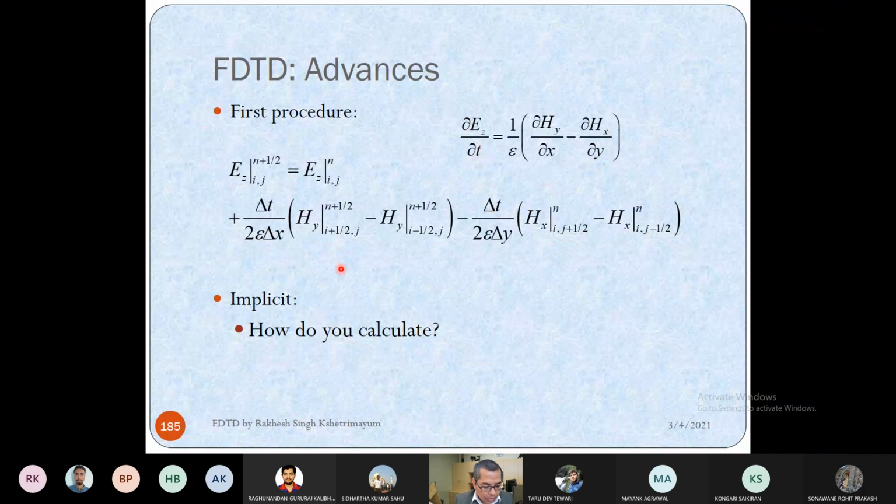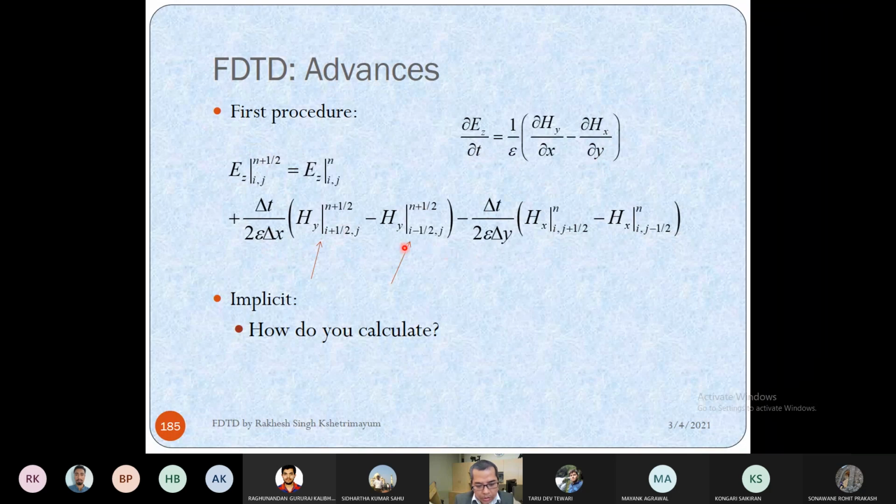But then look at this term here. These terms you calculate at n plus half, but on the left-hand side you also have n plus half. Most of the time, if we have n plus half on the left, on the right-hand side we'll have n or n minus half. Whatever FDTD we have considered till now was called explicit FDTD.